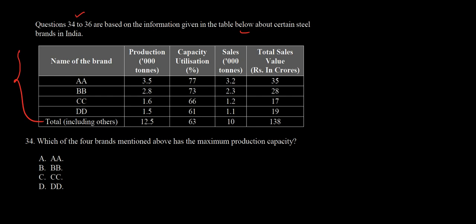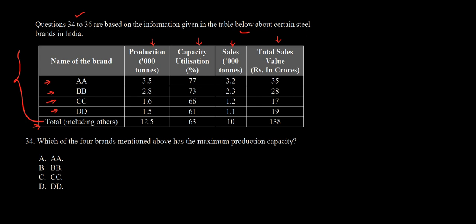The data is based on certain steel brands in India, and the names of the steel brands are AA, BB, CC, DD, and this is the total. Here we have production, which is in 1000 tons, then capacity utilization in percentage, then sales again in 1000 tons, and then total sales value, which is in rupees crores.